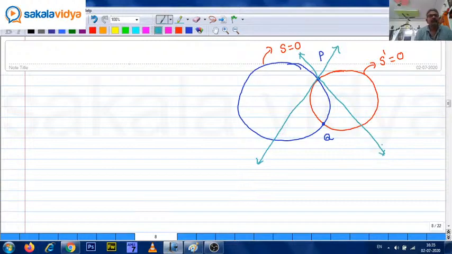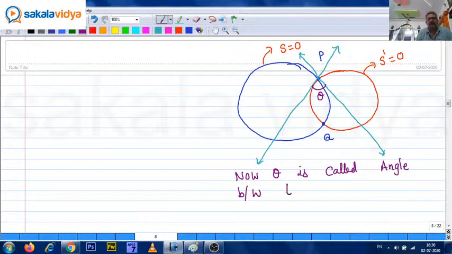So now what do you observe here? An angle will be formed between the tangents, say theta. So now theta is called the angle between two circles S equal to 0 and S dash equal to 0.